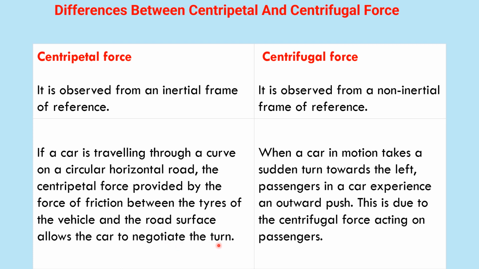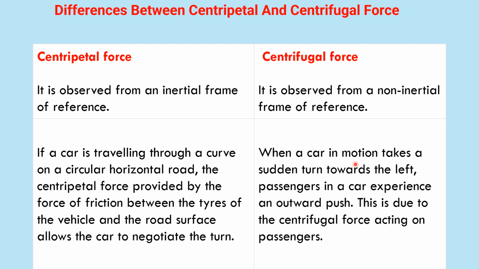When the car is moving in a circular path, it experiences a centripetal force because of the friction between the tires of the car and the road surface. Friction is nothing but the opposing force. Because of the friction, the car is always pointing towards the center of the circle.